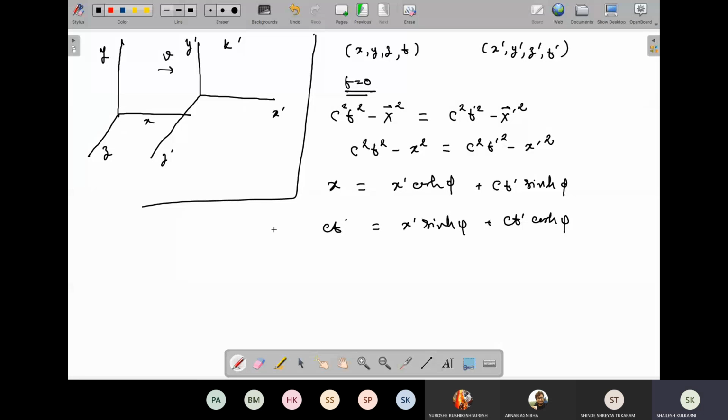Suppose we concentrate on the motion of the origin. Let us concentrate only on the origin. What is going to happen relative to this k frame? If I am trying to observe the motion of this origin, what is going to happen in this transformation? What should I do?